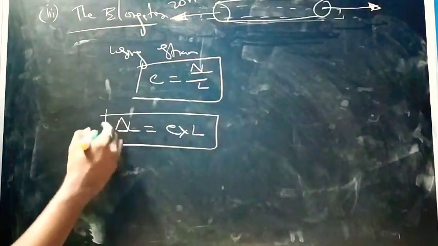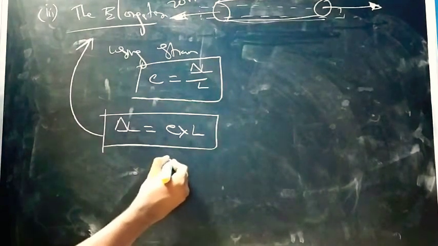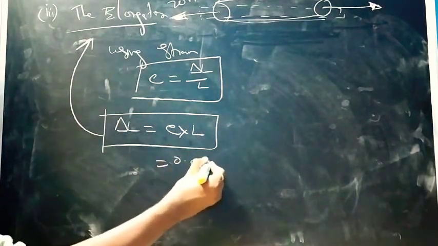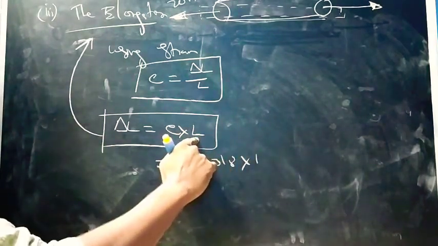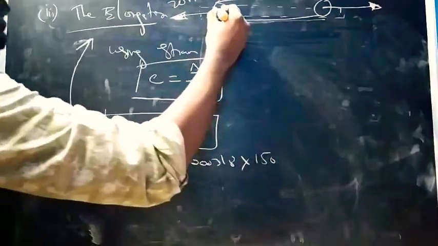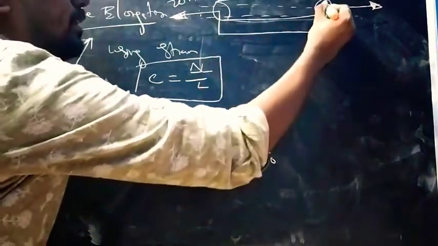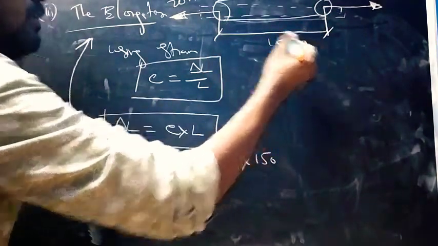This is nothing but the elongation of the rod. We get 0.0000318 multiplied by the length, which is given as 150 centimeters, the original length.